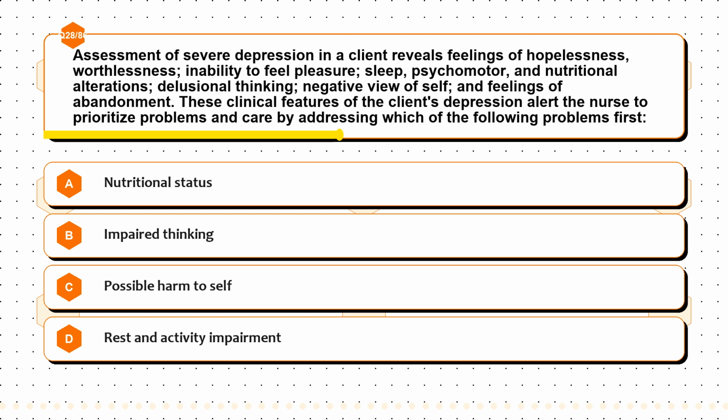These clinical features of the client's depression alert the nurse to prioritize problems and care by addressing which of the following problems first. Here are the options. Option A. Nutritional status. Option B. Impaired thinking. Option C. Possible harm to self. Option D. Rest and activity impairment.